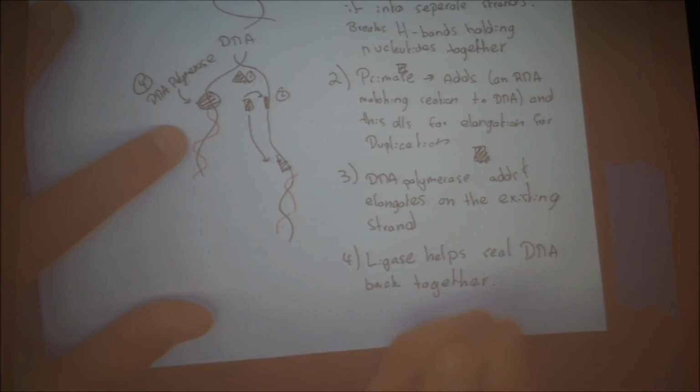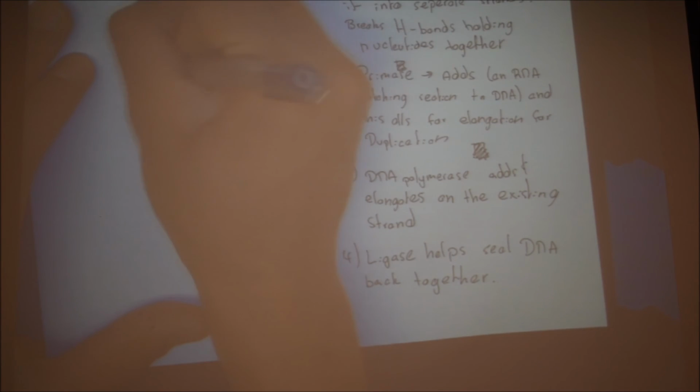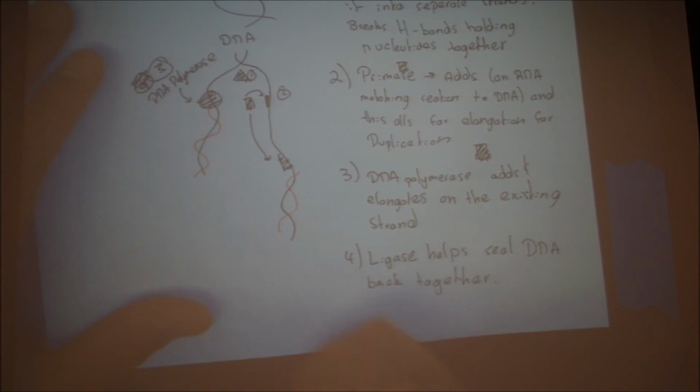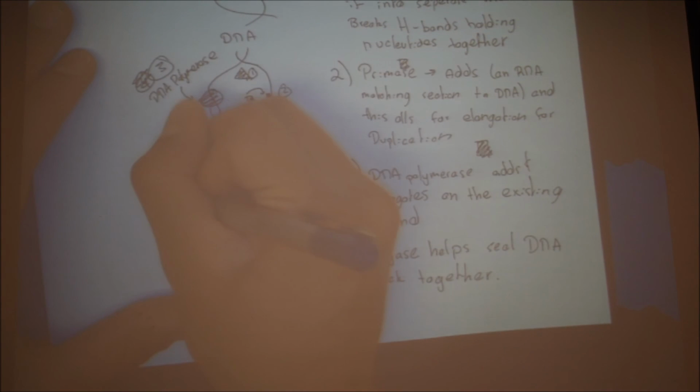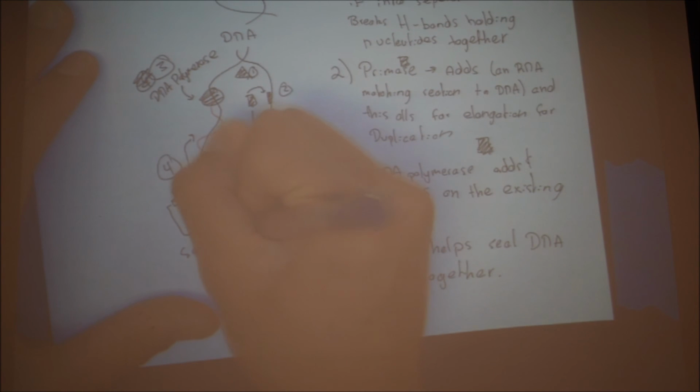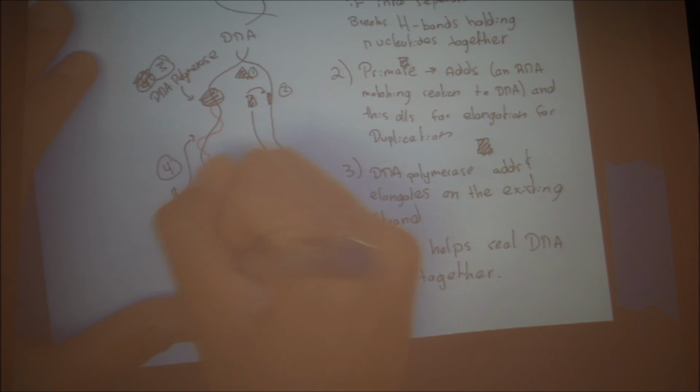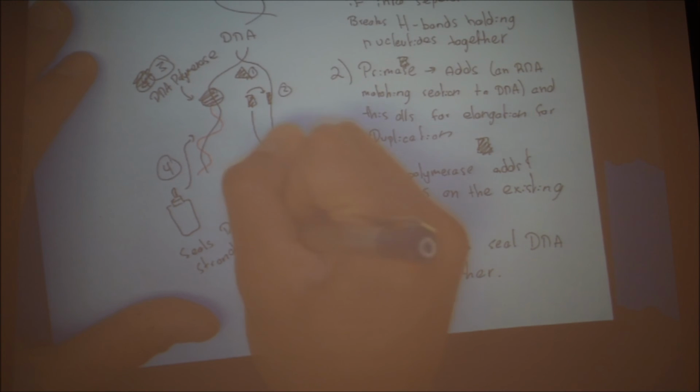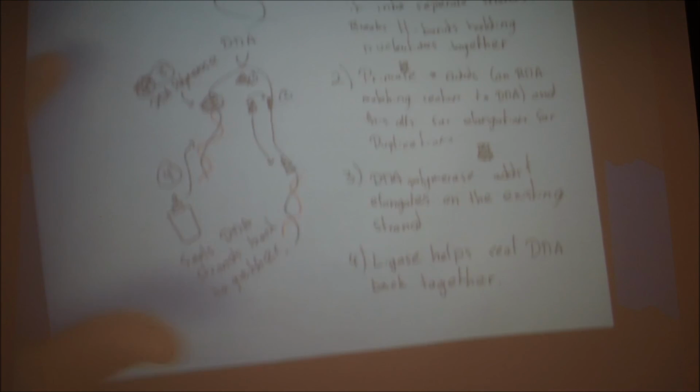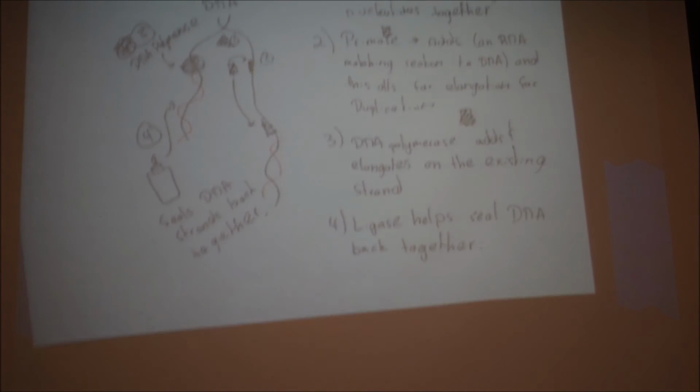Okay, step 4 is going to be, that's 3. Step 4 is going to be sealing everything back together. So step 4, this thing that looks like a glue bottle, right? Okay, so that is what's going on there.